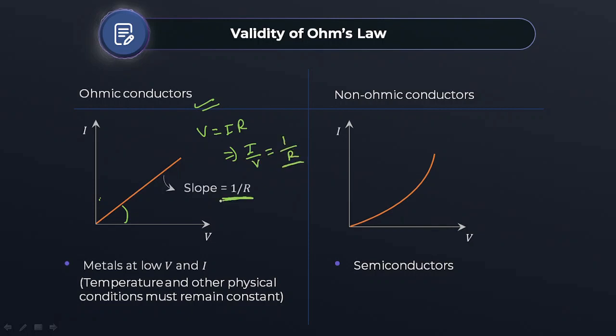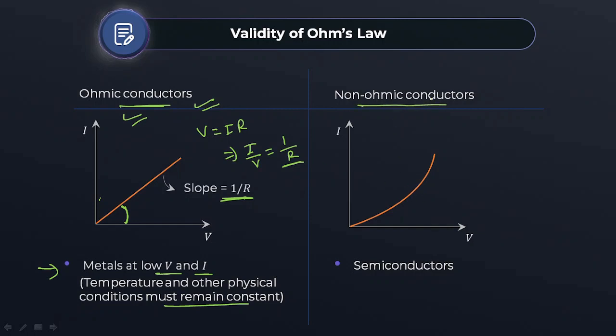So that will be constant only. So for ohmic conductor, the slope of the graph will be constant. Materials at low voltage and current, with temperature and other physical quantities remaining constant, will behave as ohmic conductors.